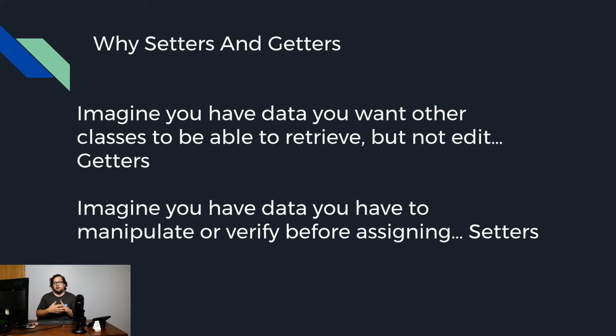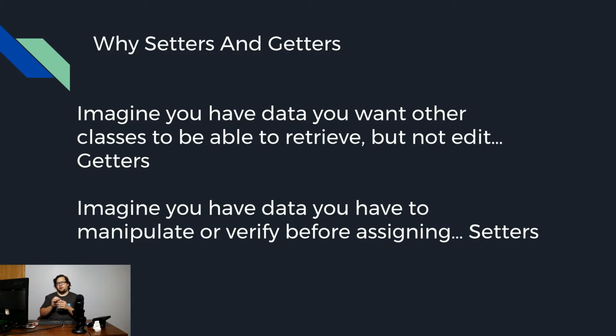Protected only allows it if you're in the same package or if you're in the same class hierarchy. And then private, basically you can only access it if you're in that exact class. So getters actually solves that. You can create a getter and allow public access to that getter, yet still have a private variable.